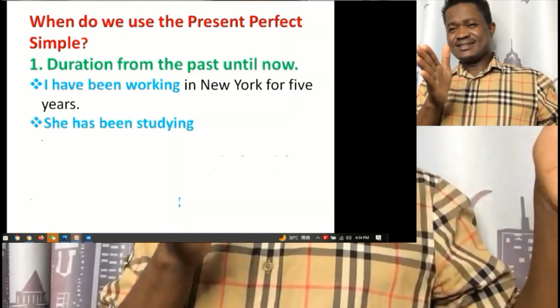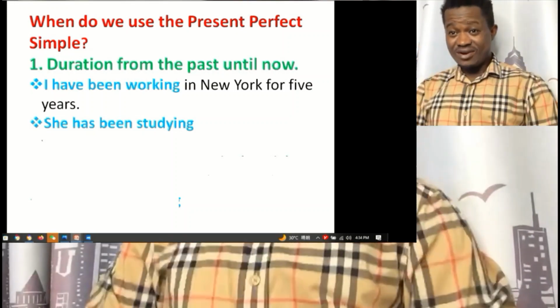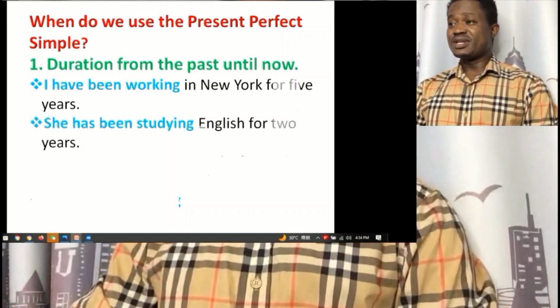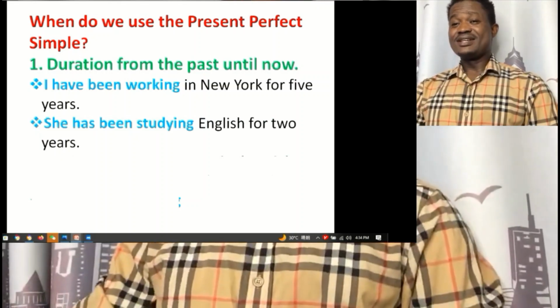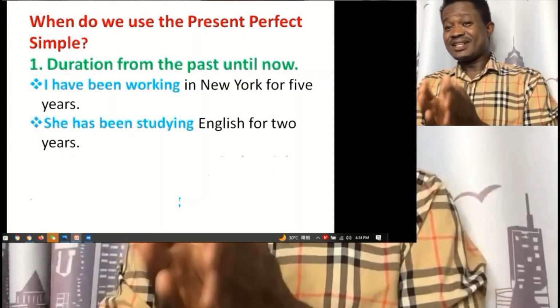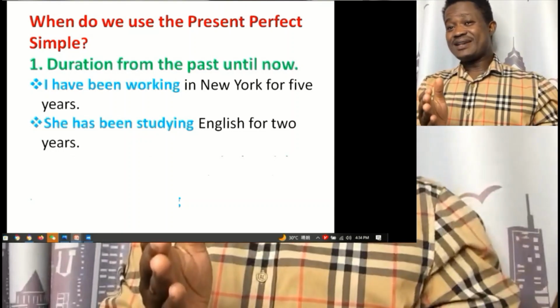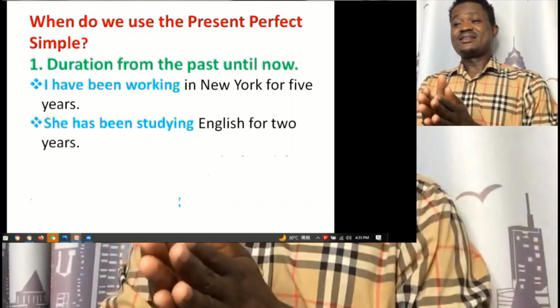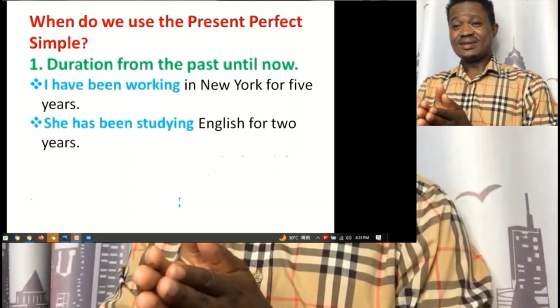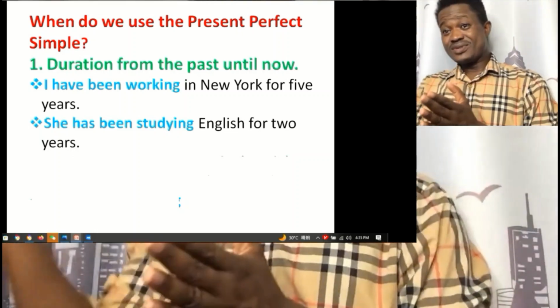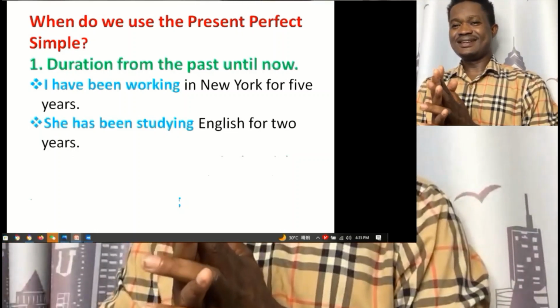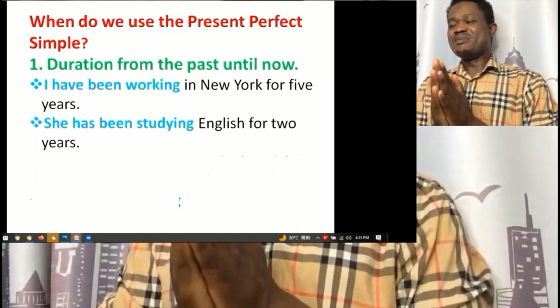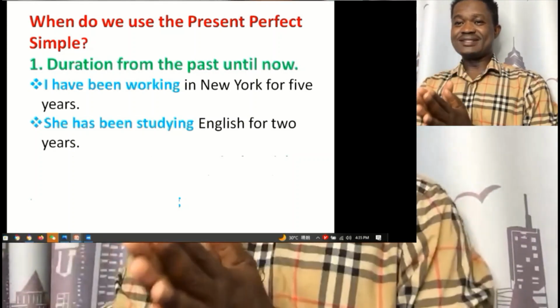She has been studying English for 2 years. So she started studying English in the past and is still studying English. Maybe she needs 2 more years to grade it.